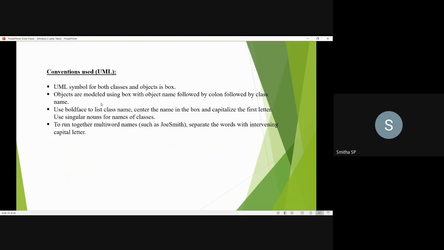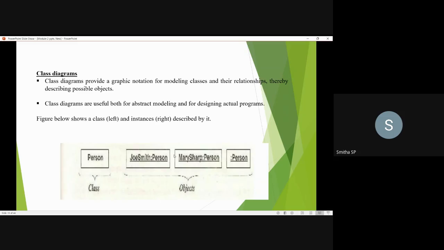Next, objects are modeled using a box with the object name followed by a colon followed by the class name. You can see here Joe Smith is the object name, then a colon, then the class name. Person is the class name, and they are separated by the colon.